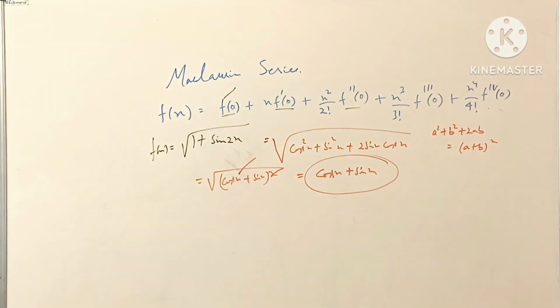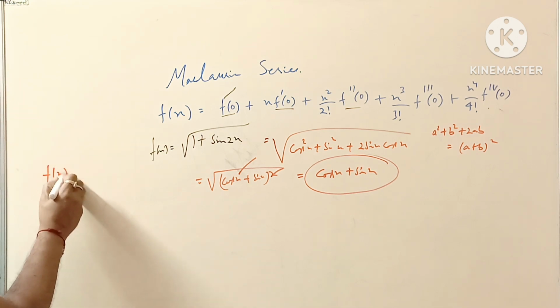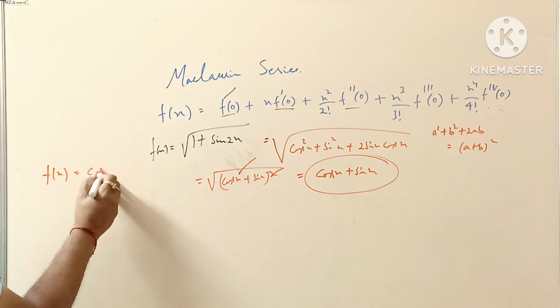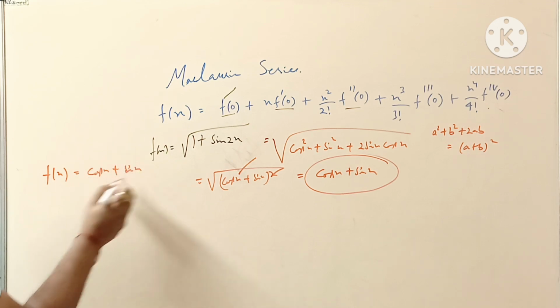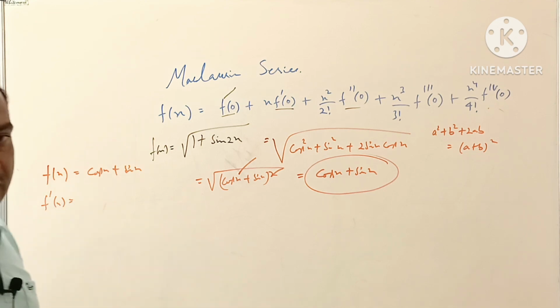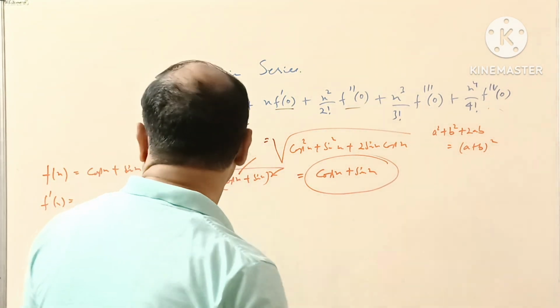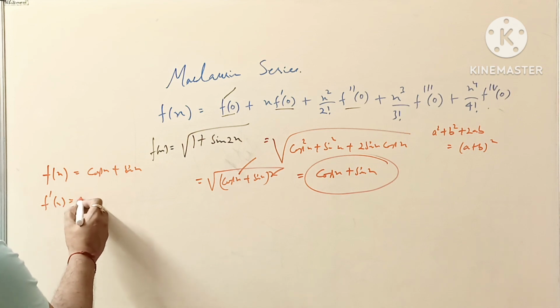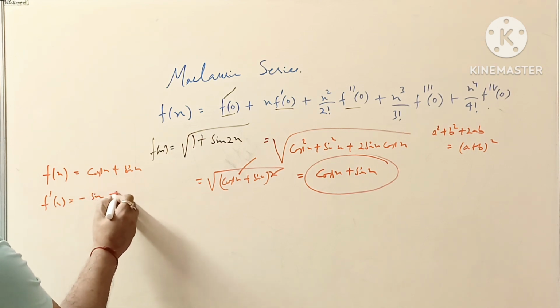Now, if you have to convert this, you have to start with each and every point. First, you are having f(x), which here is cos x plus sin x, whereas f dash x, the first differentiation, here is minus sin x plus cos x.